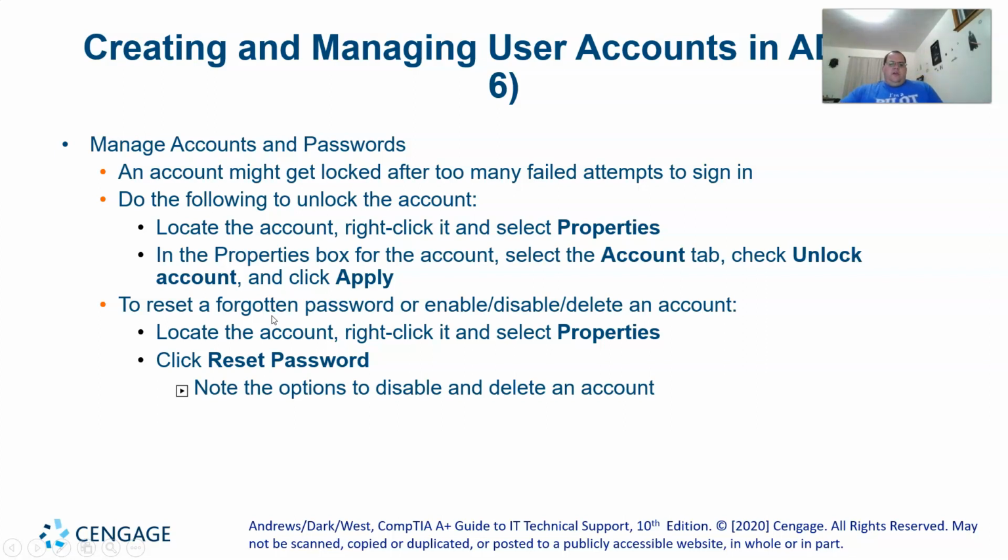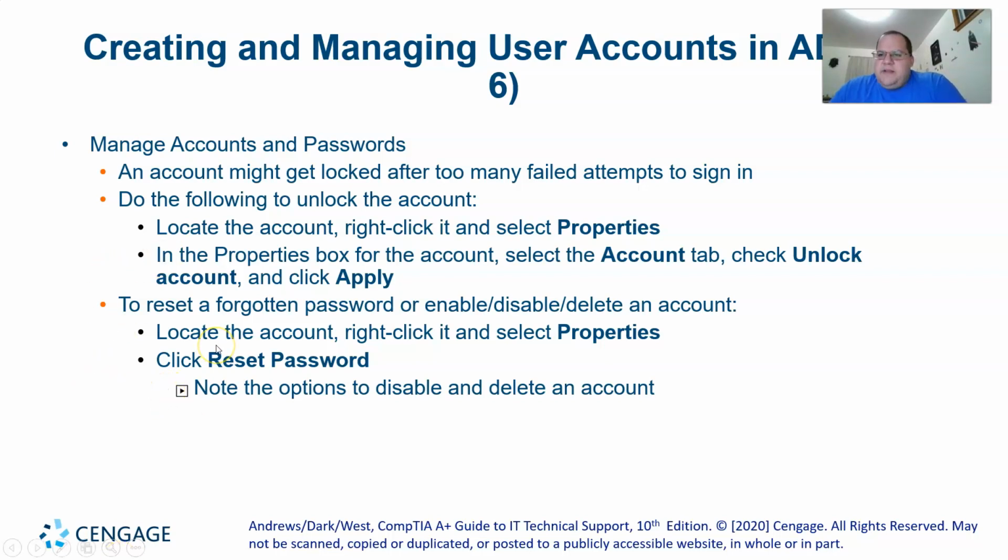You could go here and unlock accounts. So if I'm an administrator and I know some user 1 is locked, I could go in Active Directory Users and Computers, look for the user, right click, unlock, and he's unlocked. But I could also go here and reset his password if he forgets it.